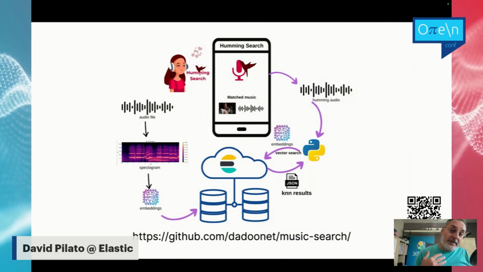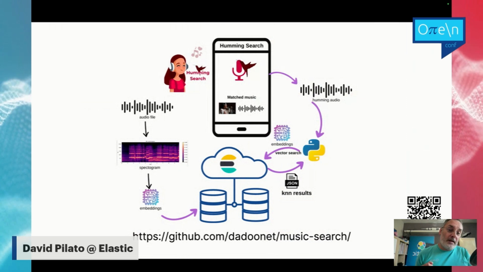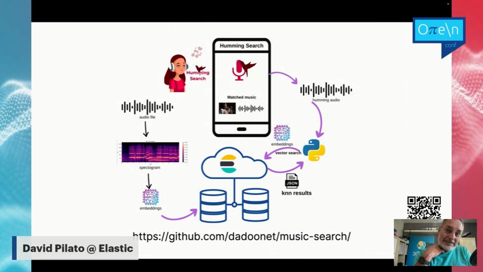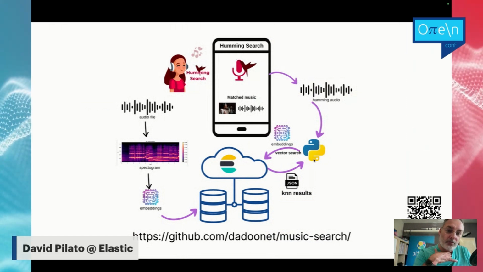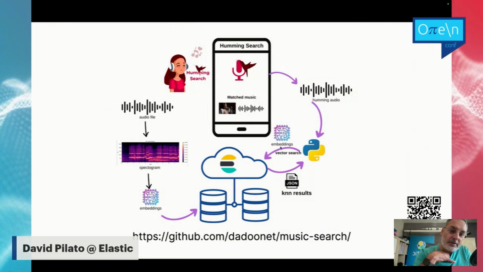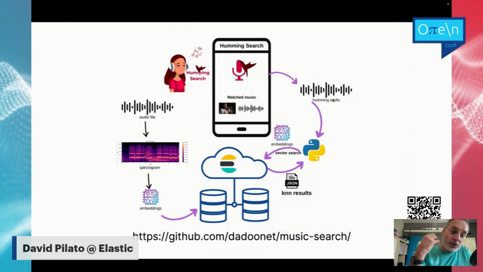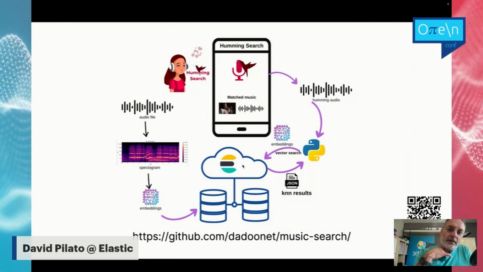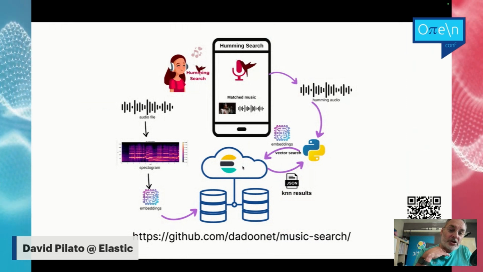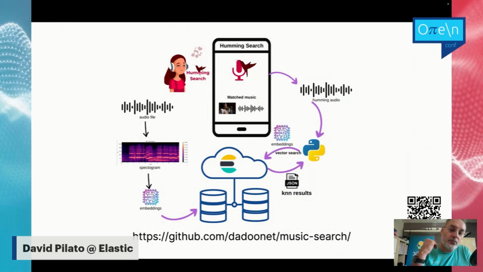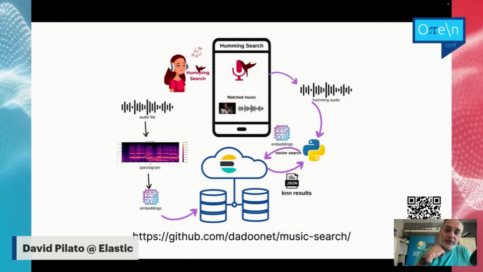Then I will be humming a song, and I'm going to go through the same exact process as we saw previously. I will generate an embedding out of this audio content, and it will search using the KNN search that we saw before, and this will present the results to the end user.